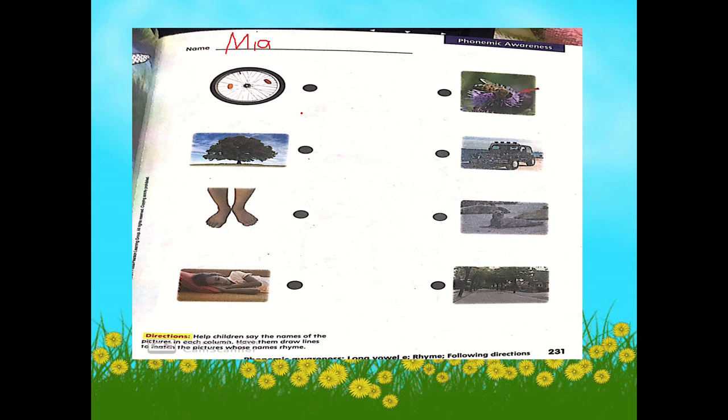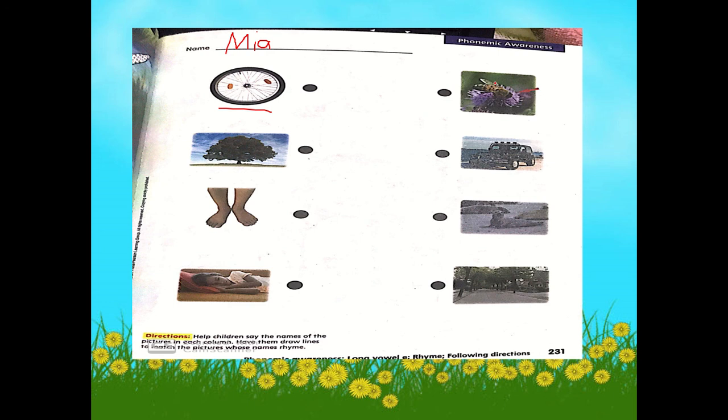Now, as you can see, there are some pictures on this page. I am going to say the names of these pictures, and I'd like you to draw a line to the other pictures on the next column. You're going to draw a line to the picture whose name rhymes with the other pictures. For example, the first picture is wheel.